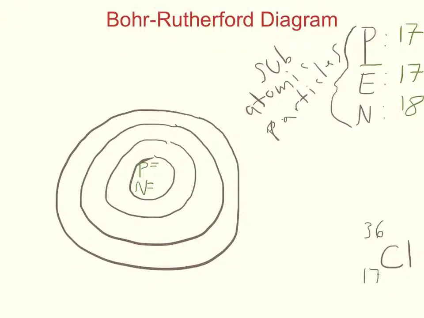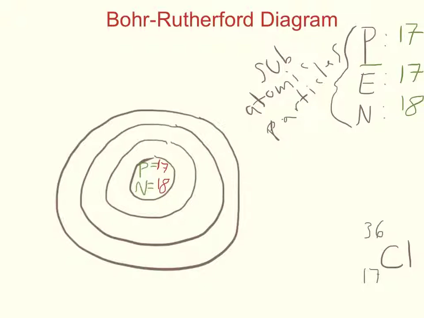The first orbit can only hold 2 electrons. The second and third can hold 8. So now we fill in our subatomic particles into the diagram. The number of protons is 17, and the number of neutrons is 18.